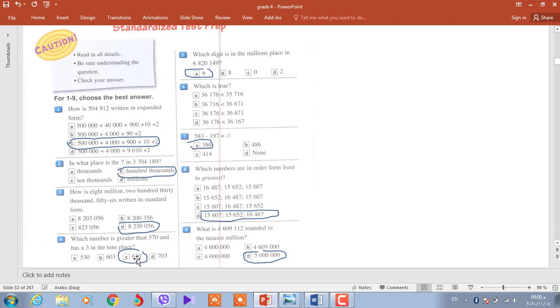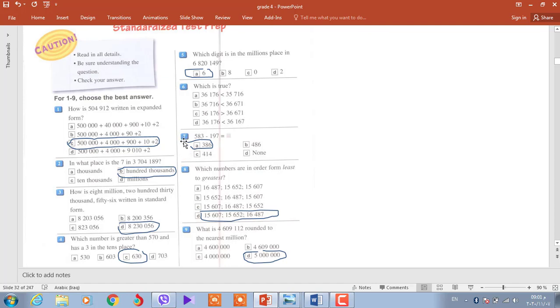So C is right. Which digit is in the millions place? So 6 is in the millions. 8 in the hundred thousands, 0 in the thousands, 2 in the ten thousands. This question is wrong, dear student, because all of them are false.